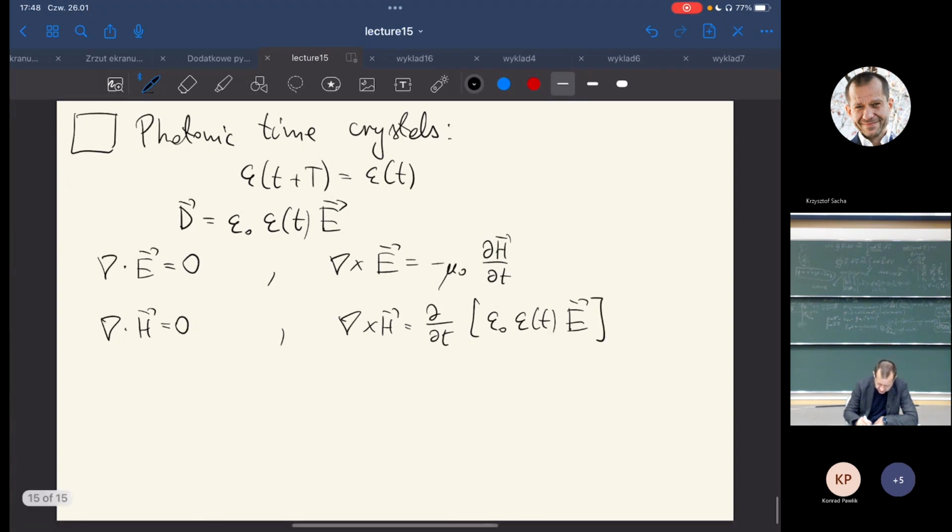And again, what we do, we apply the curl to this second equation and employ the fourth equation. It allows us to eliminate the magnetic field, and we obtain the following equation for the electric field.